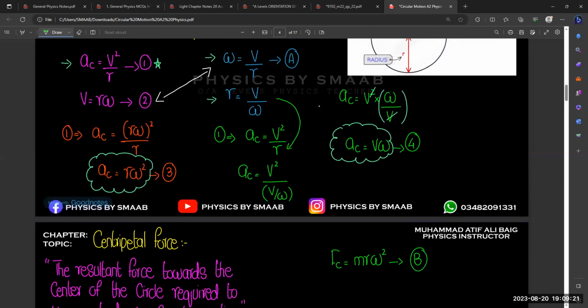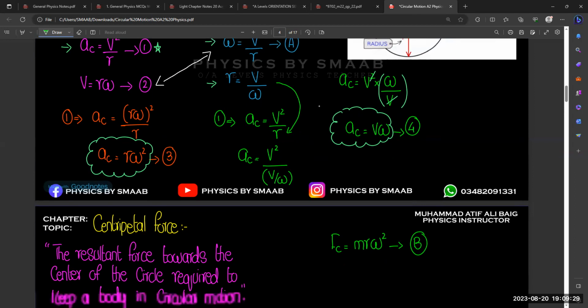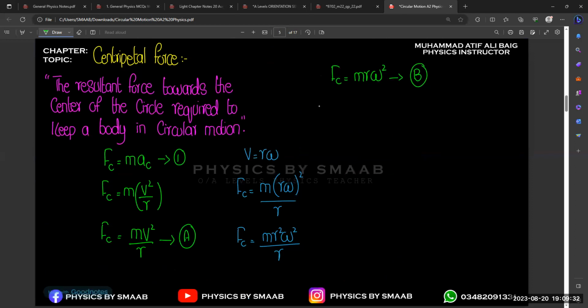Okay, we derive m r omega square. So this is how you can derive different quantities by just substituting one equation into another, because by Newton's second law, force is directly proportional to acceleration. So that's why both will have the same value and same direction.